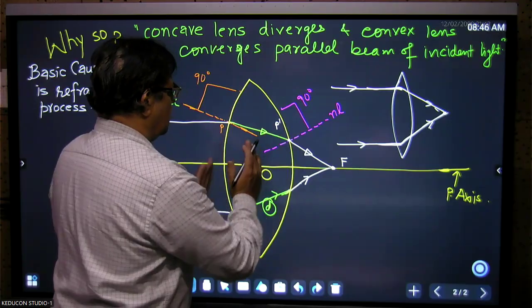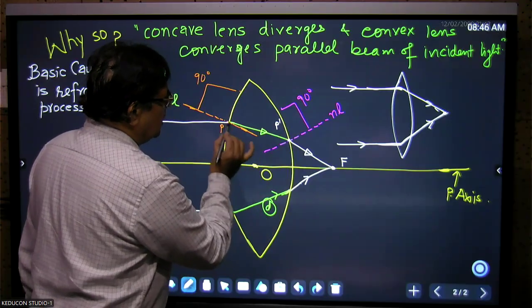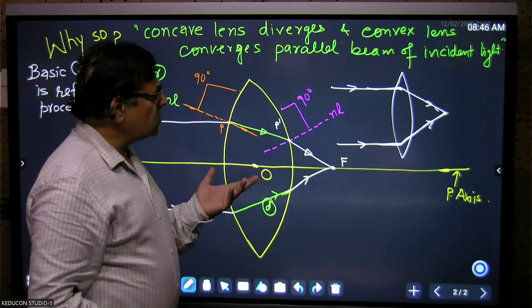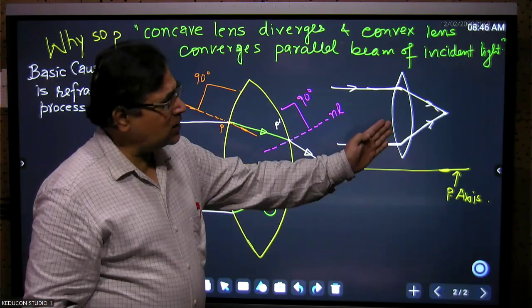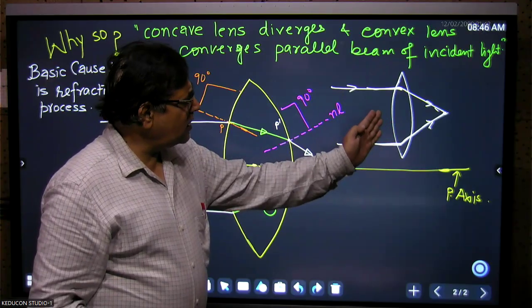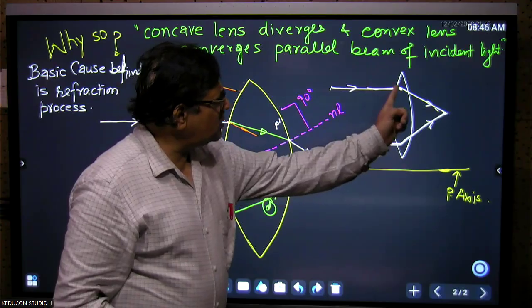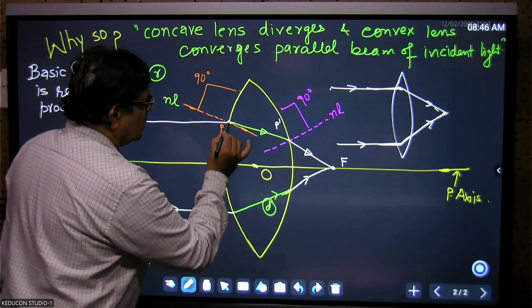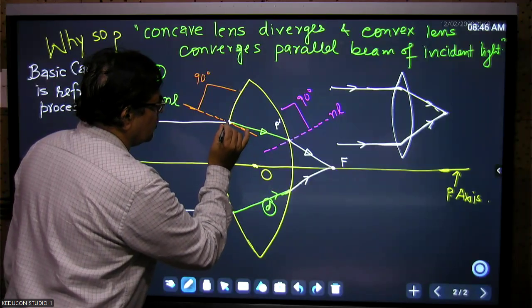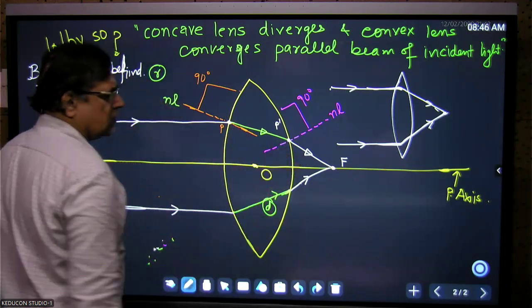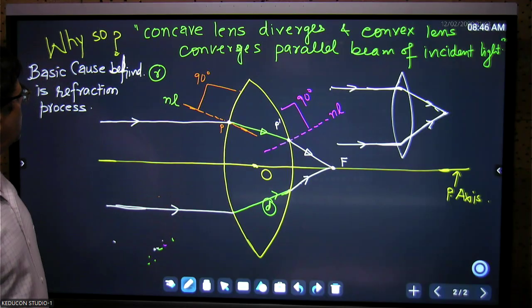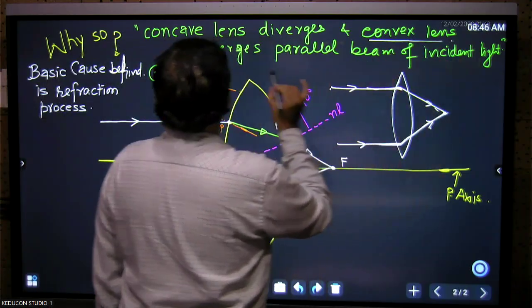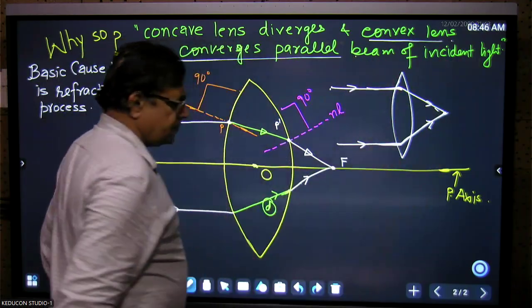They are thinner, so the length of the green line is very small. So for the sake of simplicity, we draw the approximate diagram like this, showing only a single bend here, instead of showing the actual process, double deviation, one deviation and a second deviation. So this is how the convex lens converges the parallel beam of light.